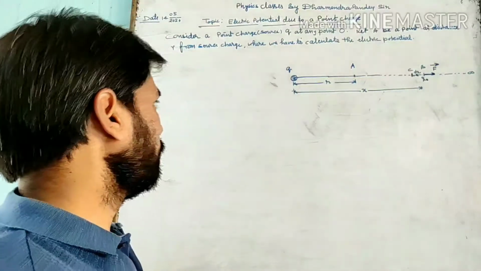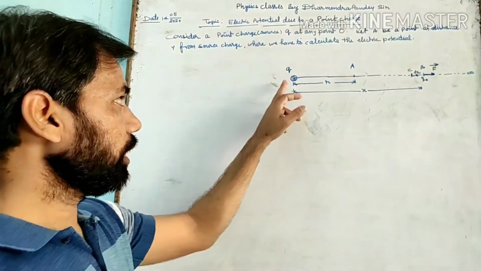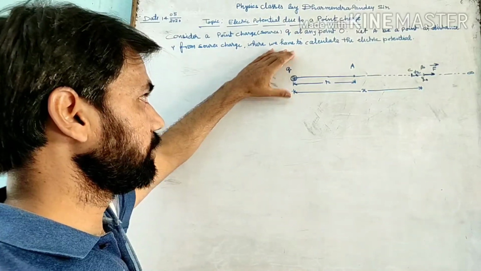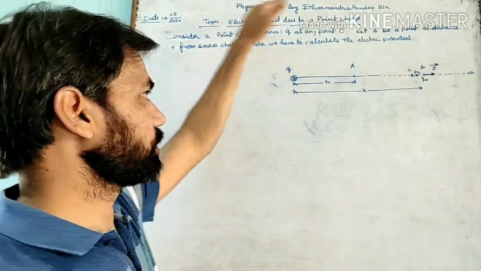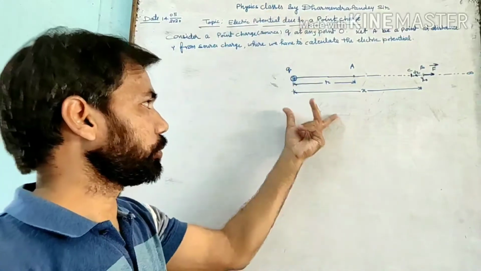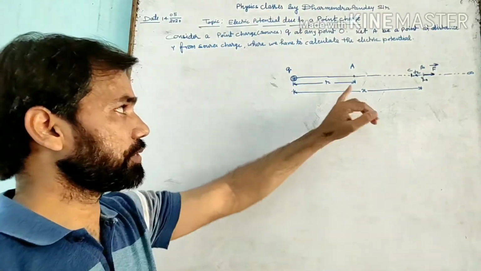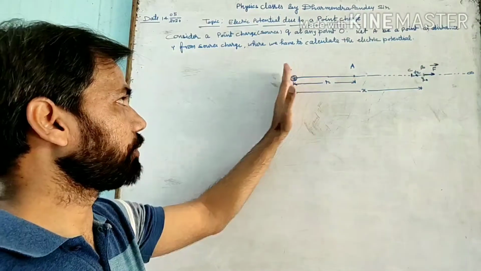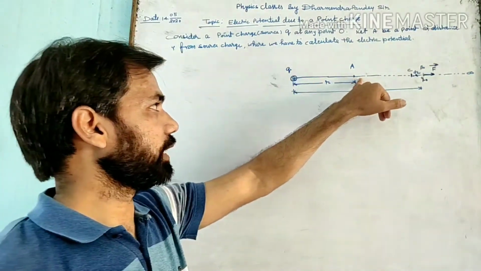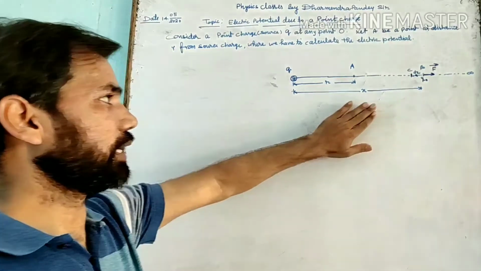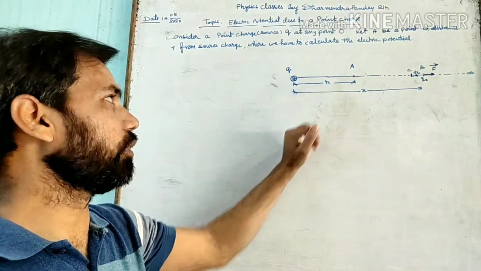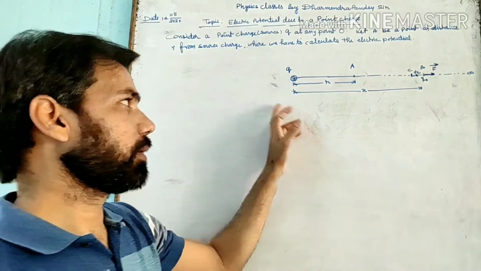So, here we have considered that Q is a source charge and around this charge there is an electrostatic field. We have considered a point A in that field of Q where we are interested to calculate the electric potential. The point A is at a distance R from the source charge.